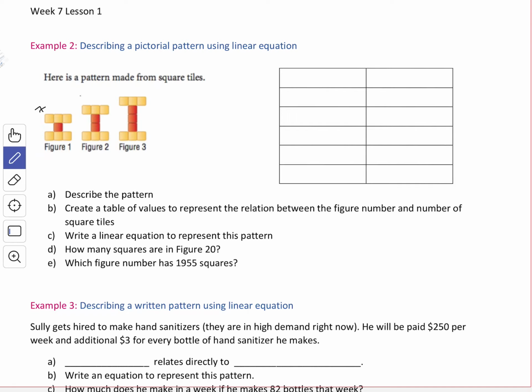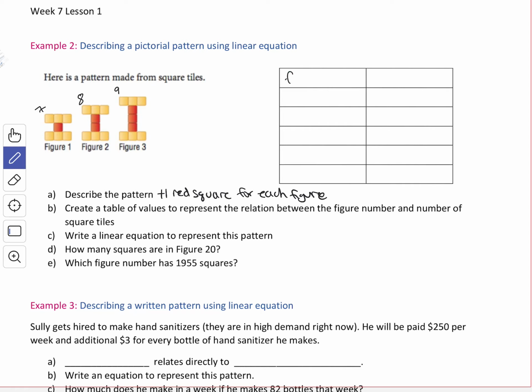So figure 1 has a total of 7 squares. Figure 2 has 1, 2, 3, 4, 5, 6, 7, 8. Figure 3 looks like it has 9. So it's going up by 1 every time. Okay, so plus 1, and then it looks like the red squares are going up, one red square for each figure. There's our pattern.